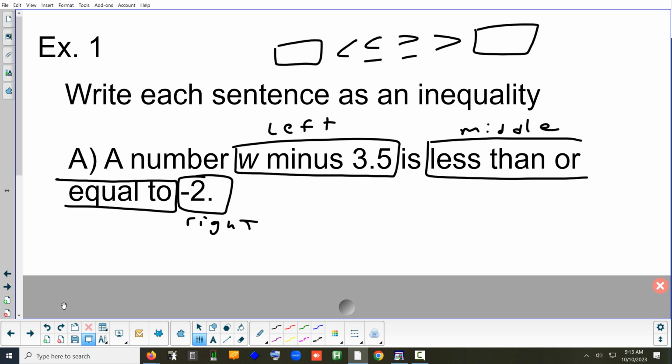Let's start with the left side. How would you write what's in the left box as an expression, basically without the word minus? 3.5 minus W. I know sometimes with subtraction we have to be careful, but when you use the word minus, you pretty much write it in the order you see it.